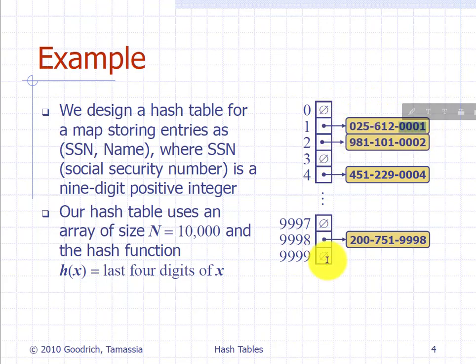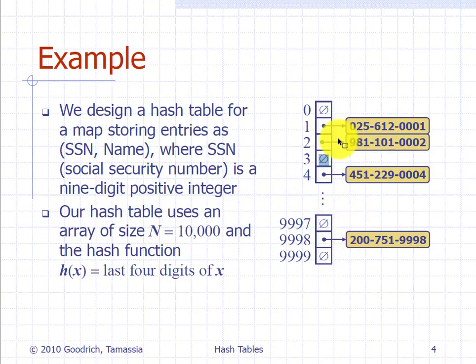So your array is of size 10,000. If it does 0003, it'll go in position 3. If it does 0006, it'll go in position 6.